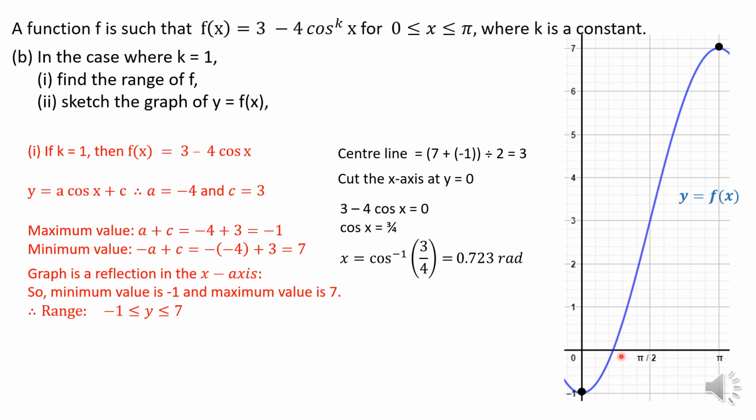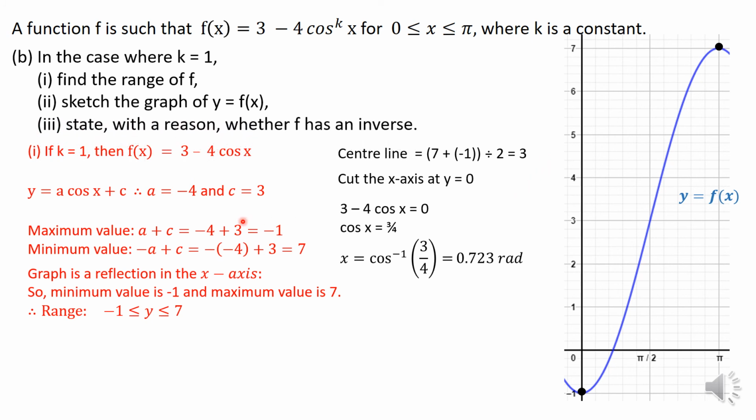So this particular point here, which is not really required, is at 0.723 radians, and pi upon 2 is approximately 1.5 radians. So this is the part of the graph that you're supposed to draw. And remember I said it starts from -1 because the cosine function normally starts from 1, but this is also a reflection, so it will start at the minimum value and then go all the way up to 7.